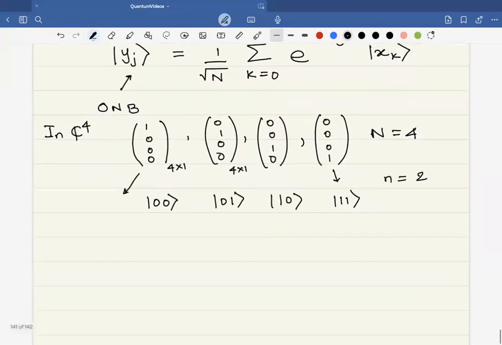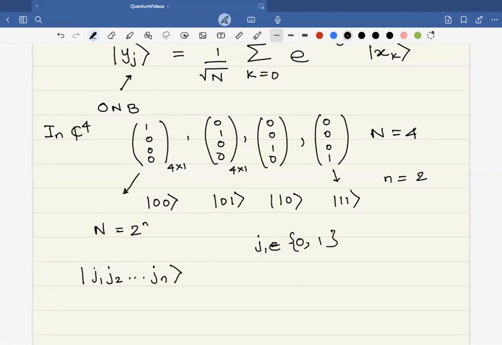Okay, so in general, if I have an N-dimensional Fourier transform, where N is equal to 2 to the power n, then I can represent each of these basis vectors as |j1 j2 ... jn>, where j1 belongs to {0, 1}, j2 belongs to {0, 1}, and so on.